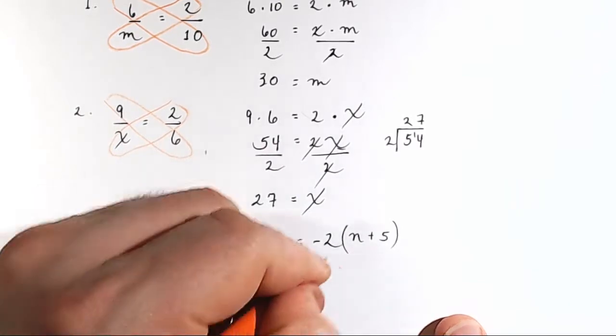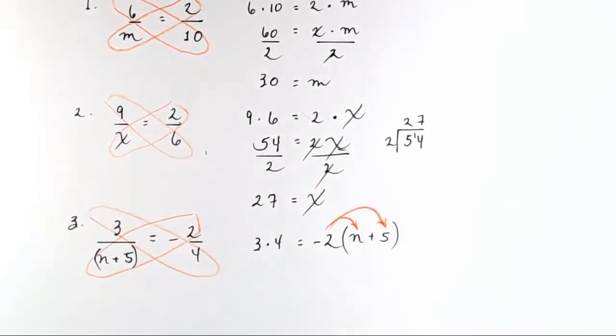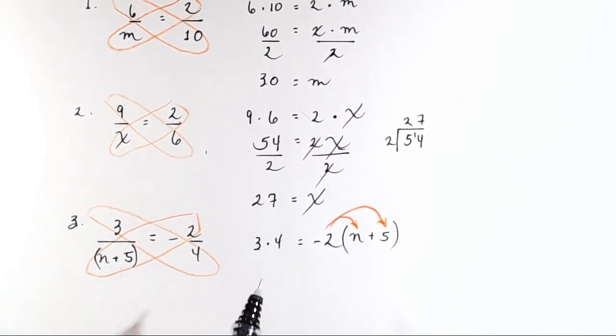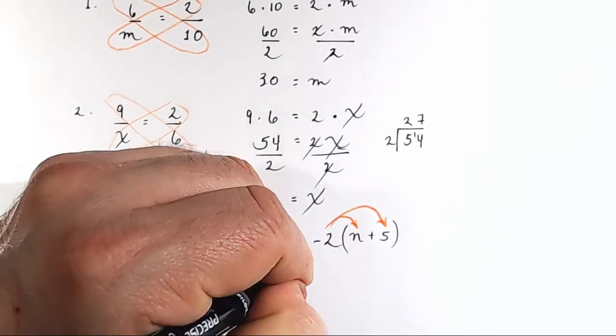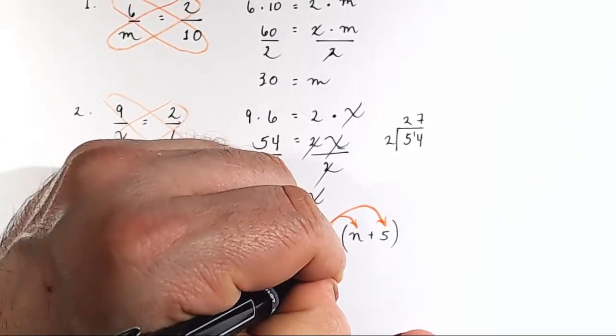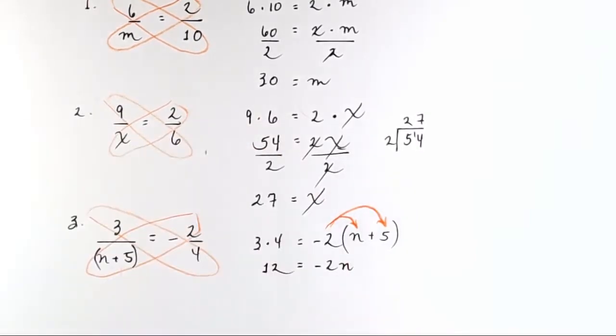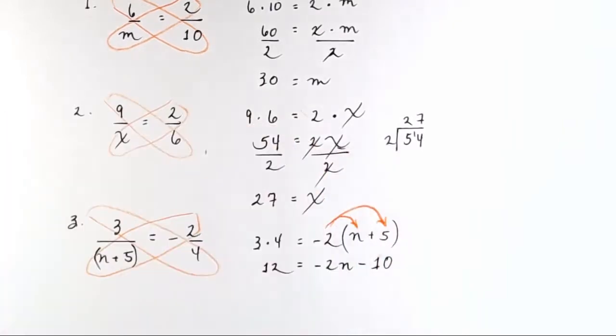Right? So I'm going to draw lines. And now 3 times 4 is 12. Equals negative 2 times n is just negative 2n, and negative 2 times 5 is negative 10.